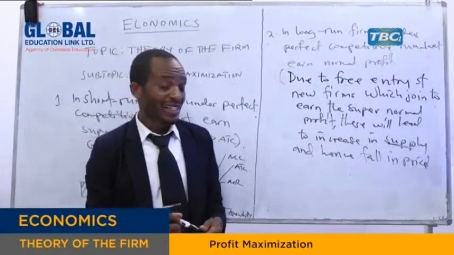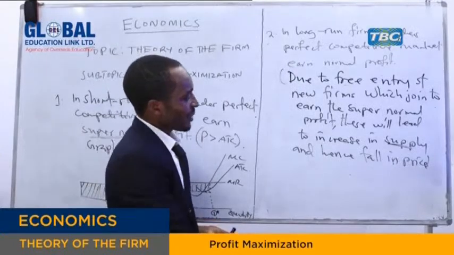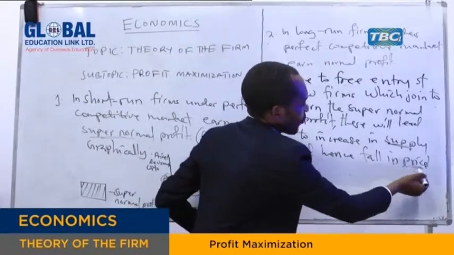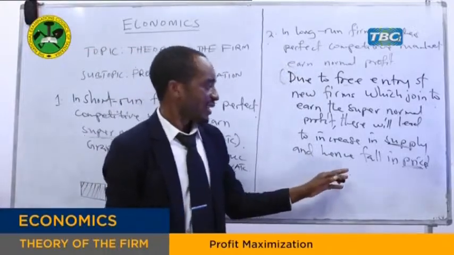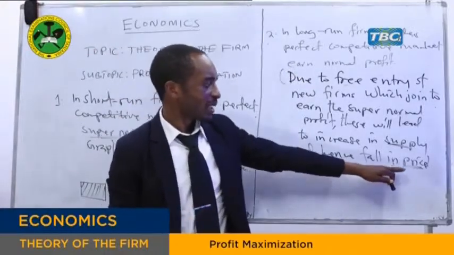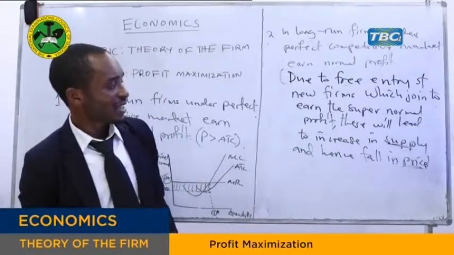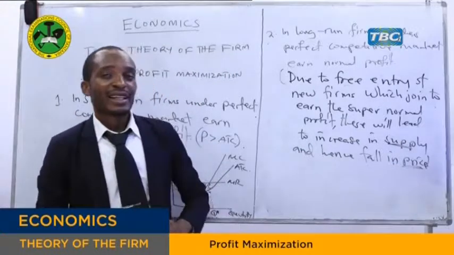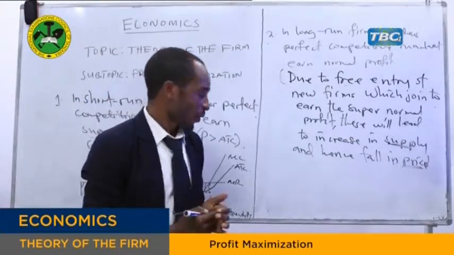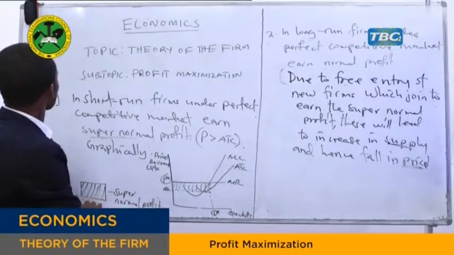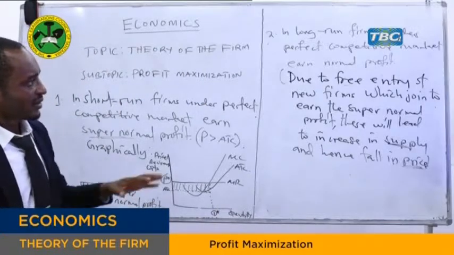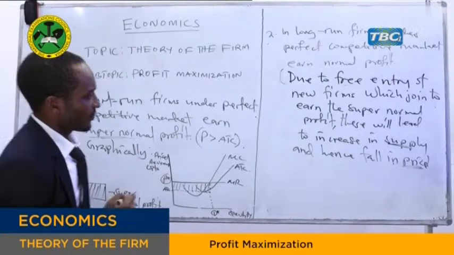If supply increases, the price will fall. So if the price falls, the profit also will fall. So graphically it will be like this.